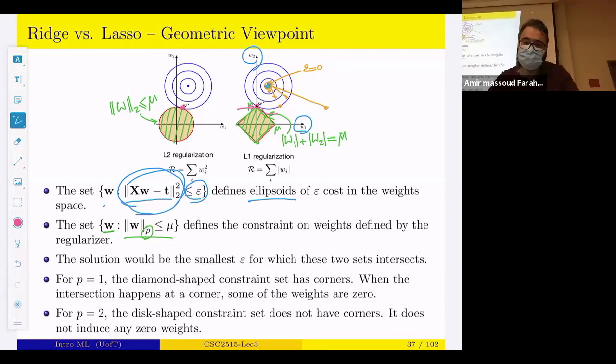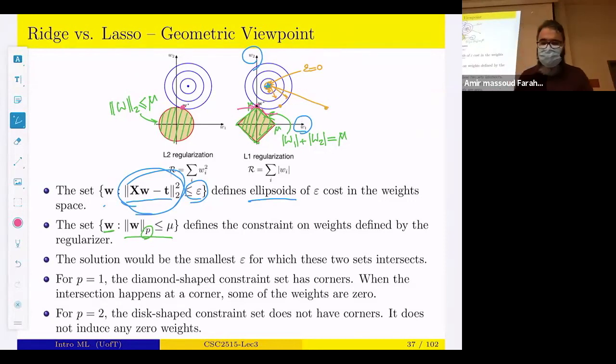It depends on the costs, but it is more likely to make weights 0. There's no guarantee that all of them, or even most of them, or even any of them would be 0. In this figure it happens, and in many cases empirically it happens. For theoretical results, there are results showing that under certain conditions it happens, but not always.